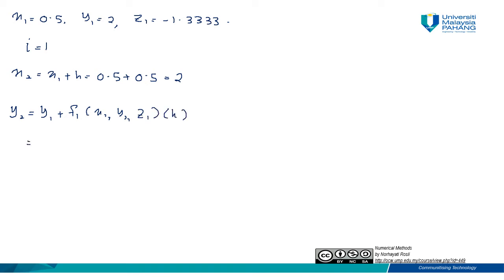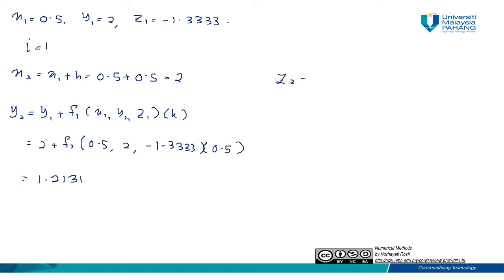So y1 is equal to 2, f1 with x1 0.5, y1 2, z1 minus 1.3333, and our h is 0.5. So how to calculate the value for f1? You just substitute into our equation f1. So we will have y2 equal to 1.2131.